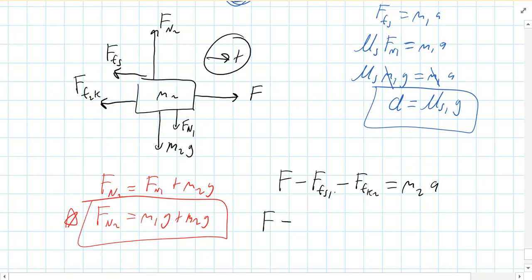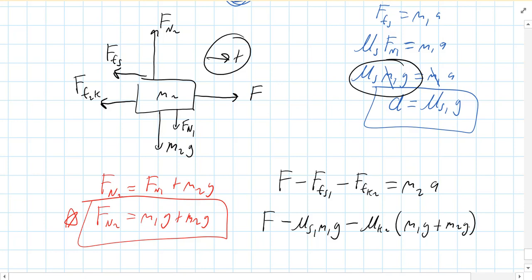I already found that, that equals mu S1 M1G. Minus force of friction kinetic 2. So that's mu K2 times the normal force I just found, which is M1G plus M2G.